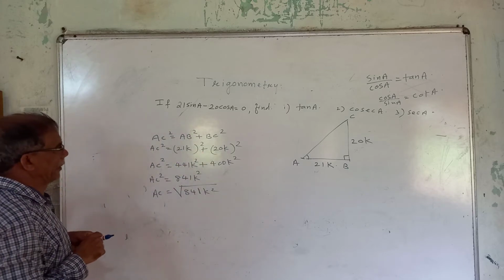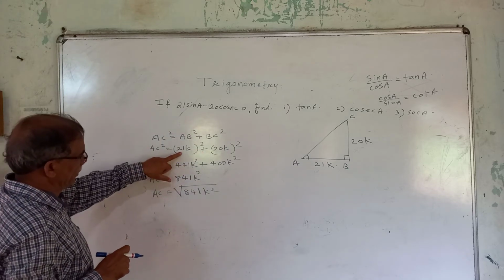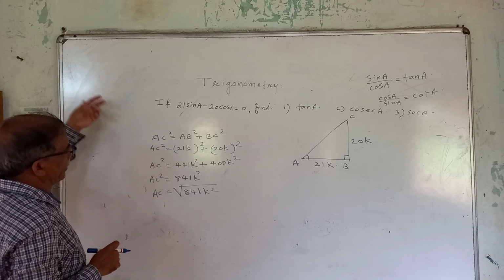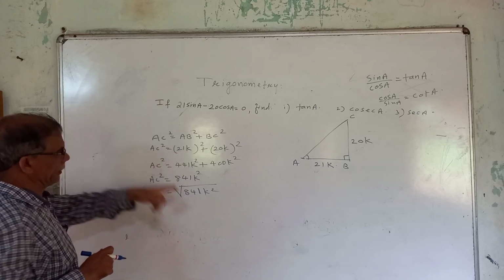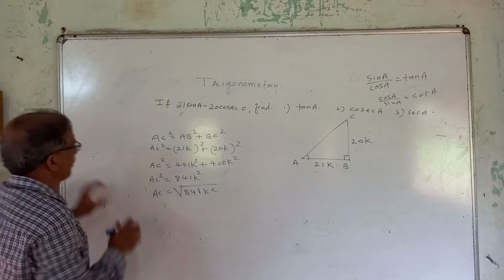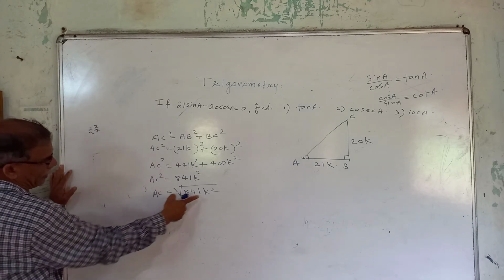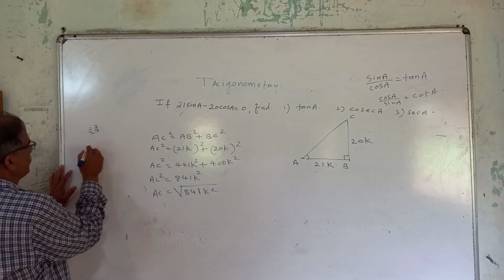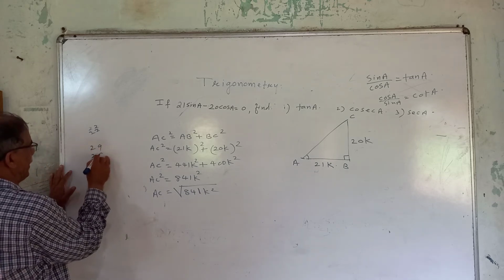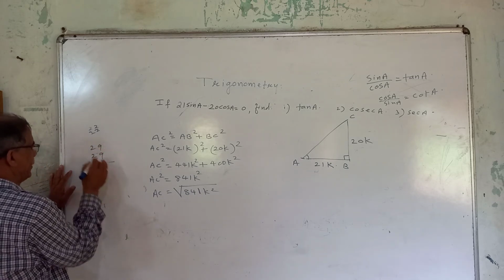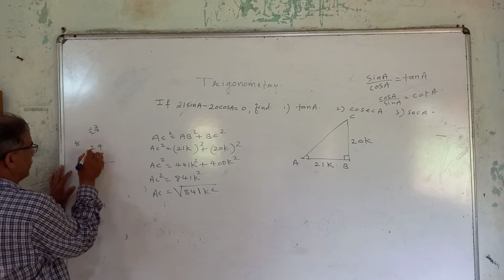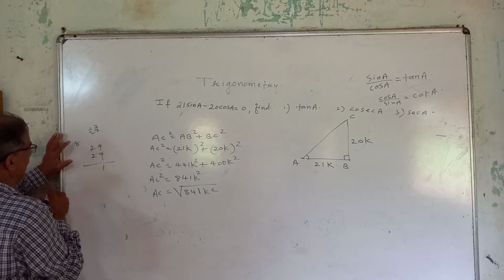That you have to remember. So after 21, which number when you multiply by itself gives you last digit 1? Suppose you take 22, no? 2 into 2 you get 4. That is not 1, because the last digit is 1. Now suppose you take 29. You multiply and see. 9 nines are 81, 8 remains. 9 twos are 18 and 8.